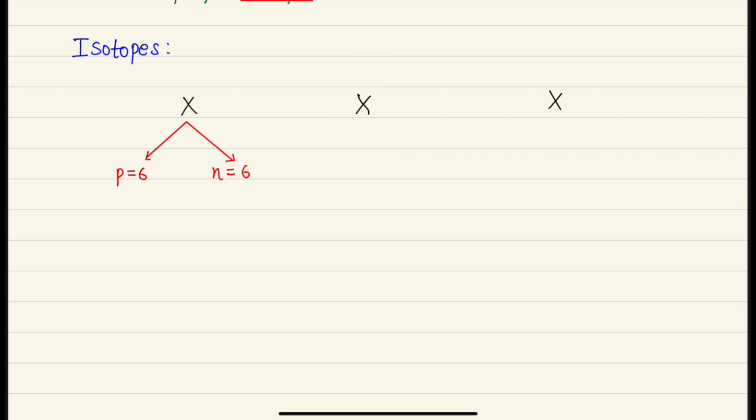But in this atom, the number of protons is the same, 6, but the number of neutrons I changed to 7. And for this atom, same number of protons, p equal to 6, where p means proton and a small n means neutron, and here I changed the neutrons to 8.